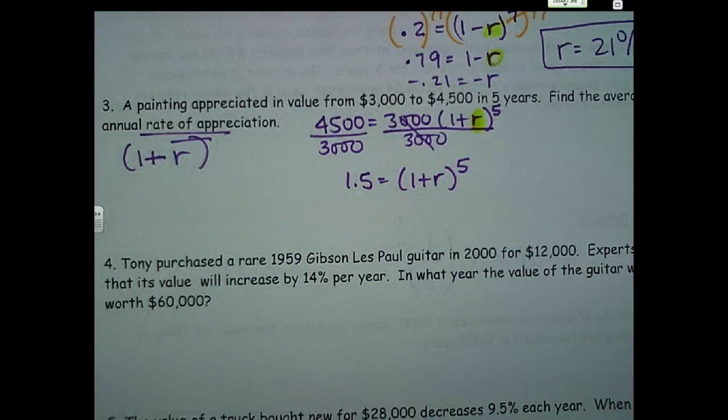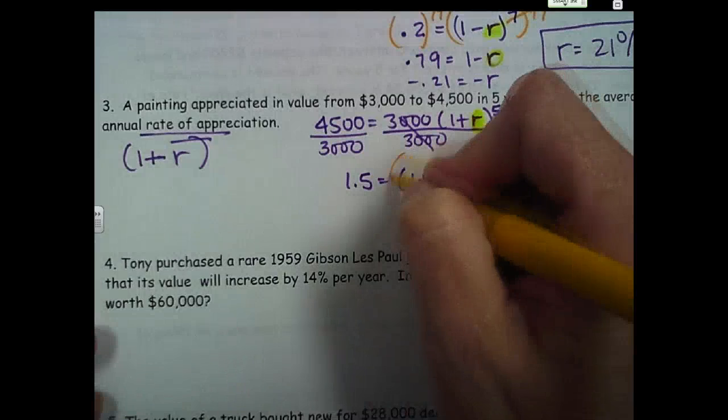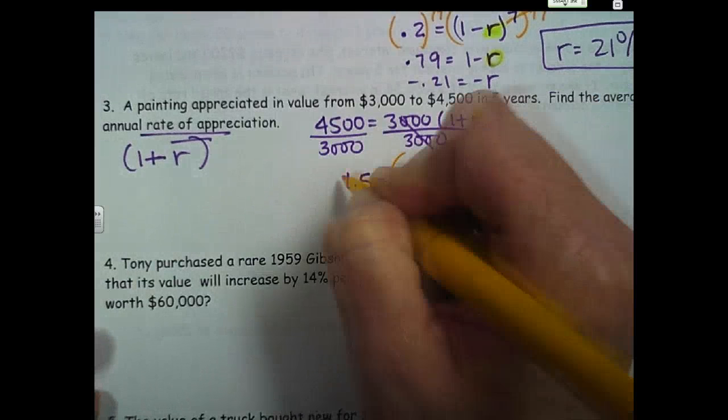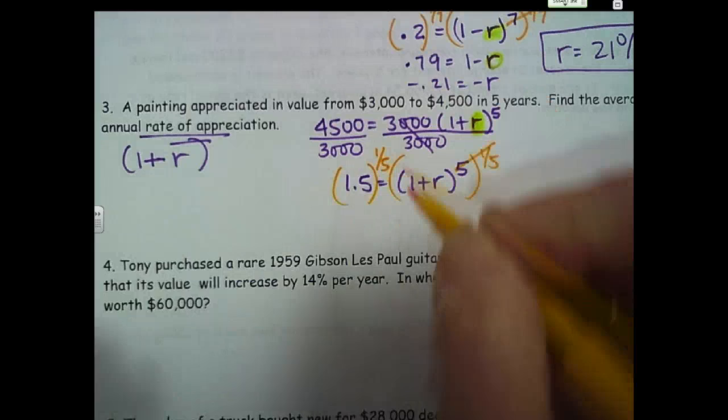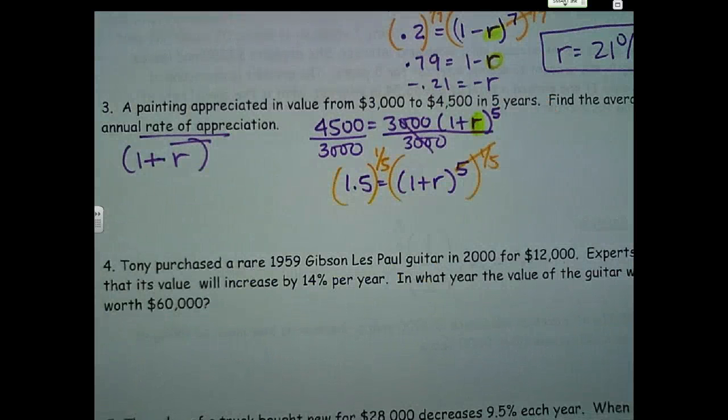What is your next step? Do we get rid of the 1 or the 5? The 5, by raising it to the 1/5. So now I have 1.5 raised to the 1/5 power.